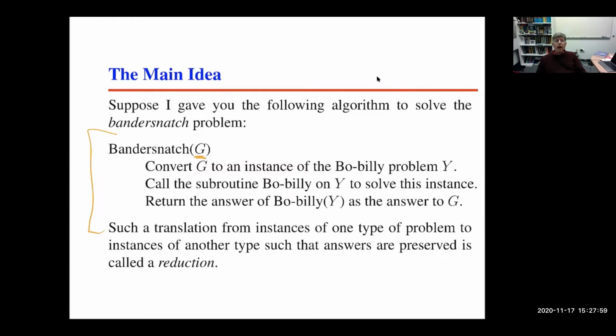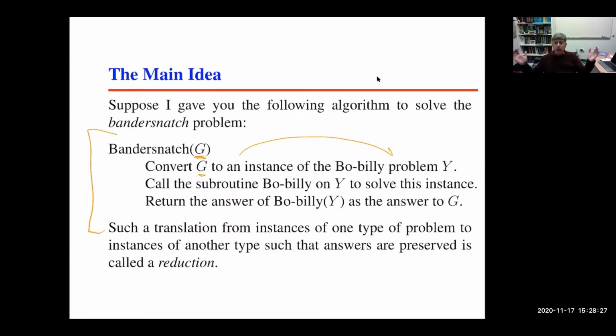Our Bandersnatch algorithm works by taking that input G and translating it into an input Y, which is the format for the Mobility problem. What is the Mobility problem? It's another algorithmic problem. Maybe it's shortest path. Maybe it's edit distance. Maybe it's, what other things did we discuss in here?